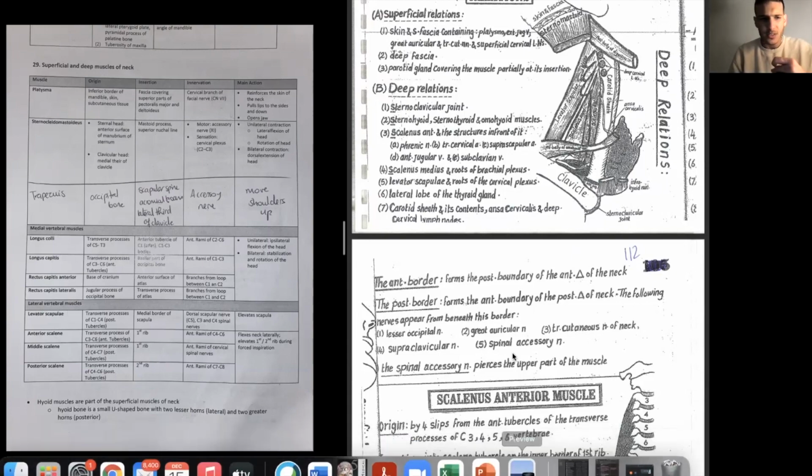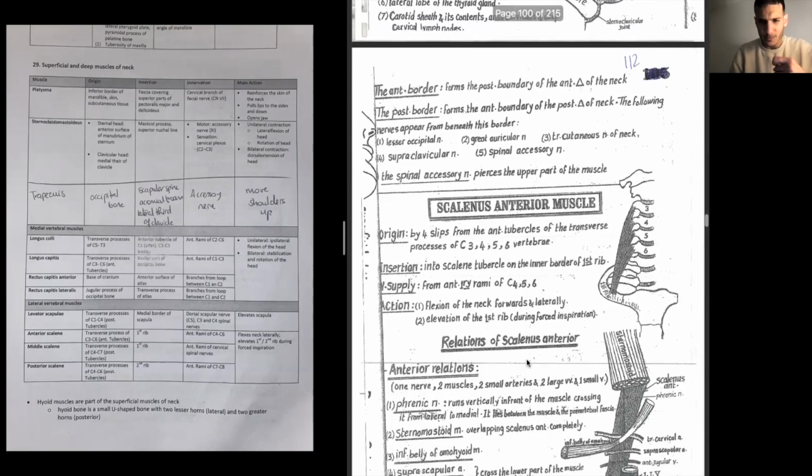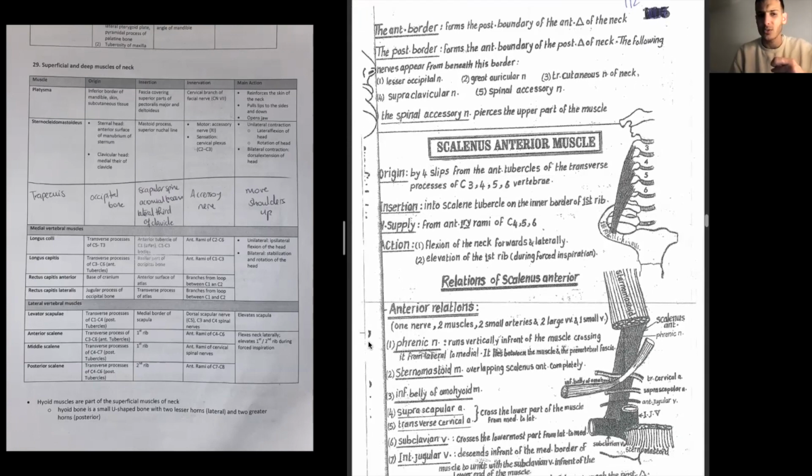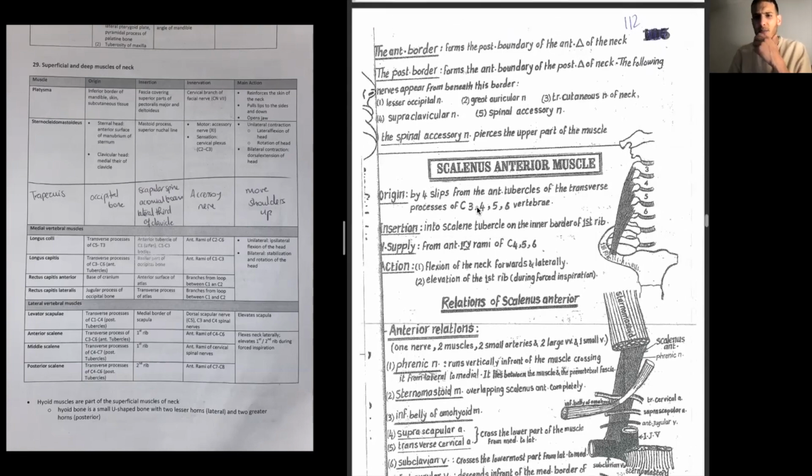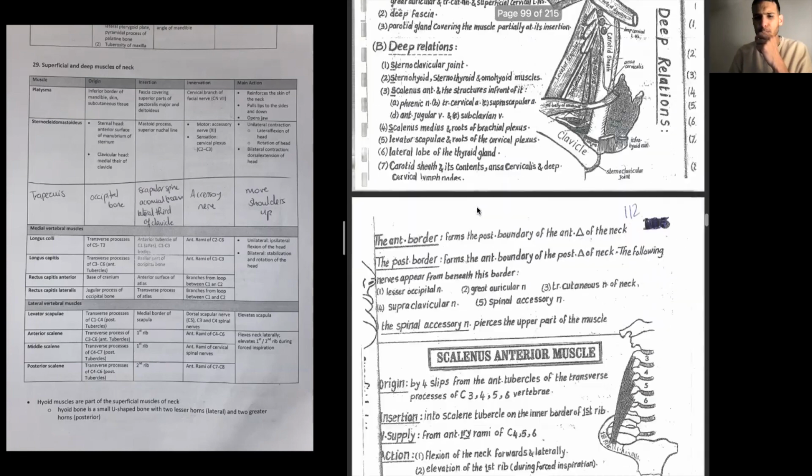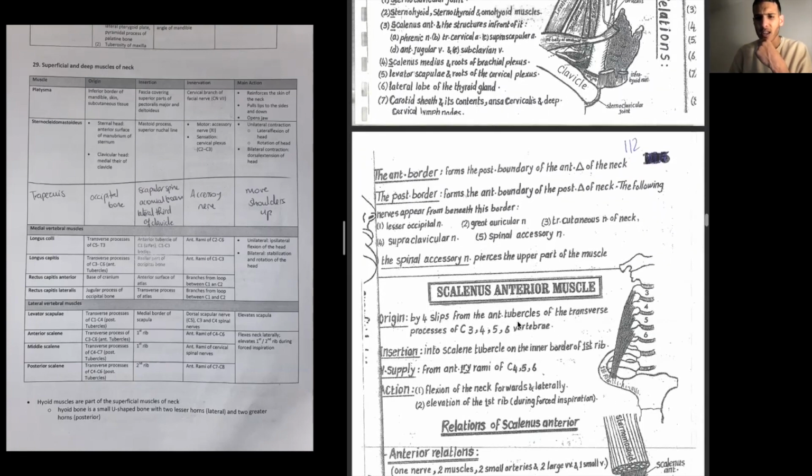We have the scalene anterior muscle, and the scalene muscles are divided into three: anterior scalene, middle scalene, and posterior scalene. The scalene anterior muscle originates by fibers from the anterior tubercles of the transverse processes of C3, C4, C5, and C6 vertebrae in the cervical region, with insertion into the scalene tubercle on the inner border of the first rib.